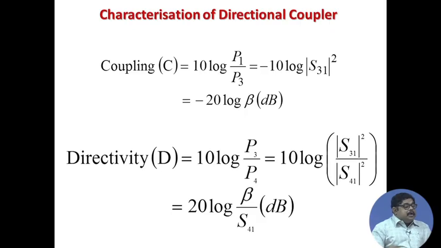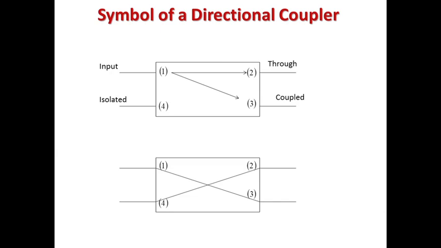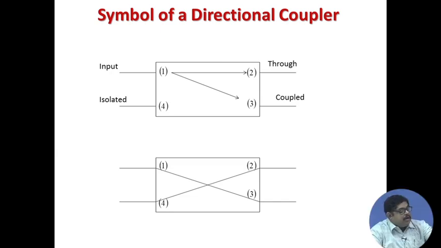Similarly, there is another quantity, directivity. Directivity means the same thing: in the forward direction I am trying to couple power to port 3. You see this diagram, in the forward direction I am trying to couple my port 1 power to port 3. If the power is mismatched, it will come from port 2 and go to port 4.